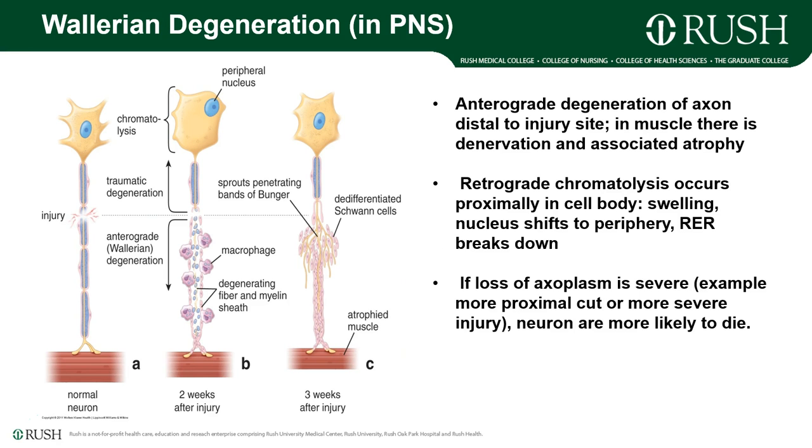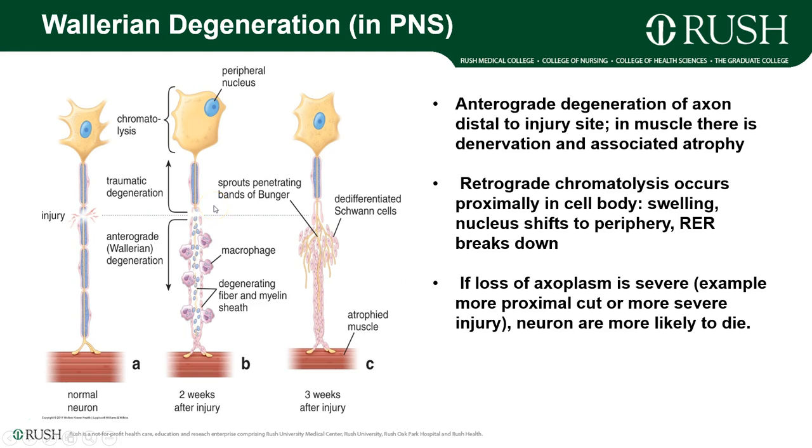So what does happen when a nerve gets injured? This diagram depicts a relatively normal neuron innervating a muscle here. When the injury happens, events take place both anterograde and retrograde.